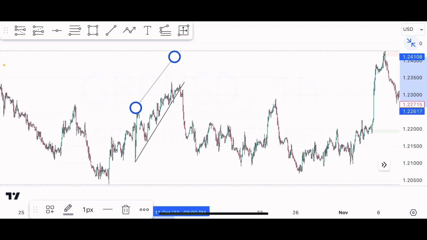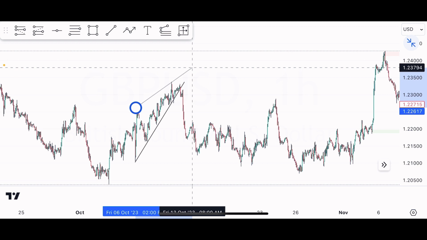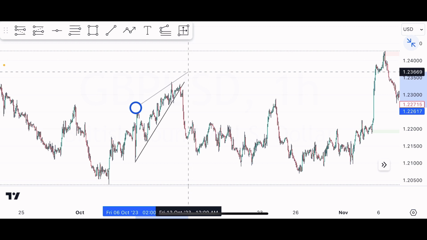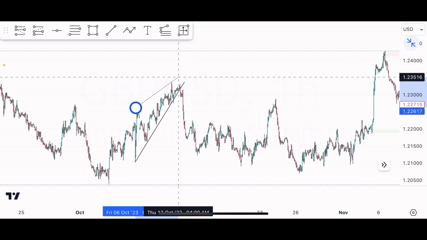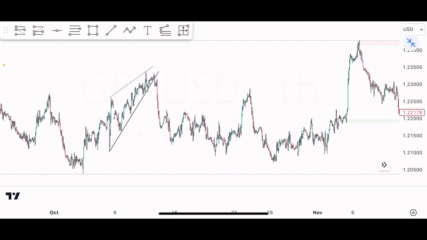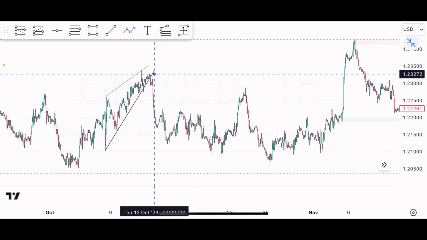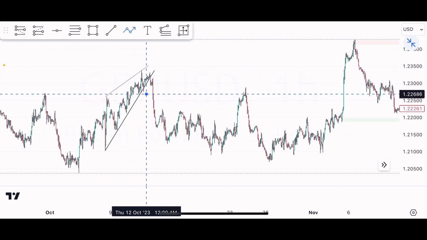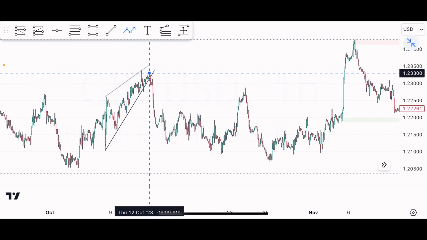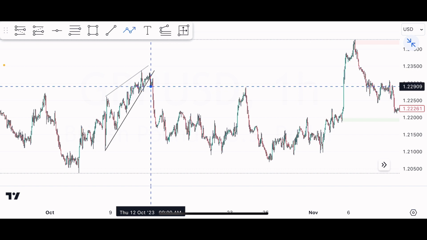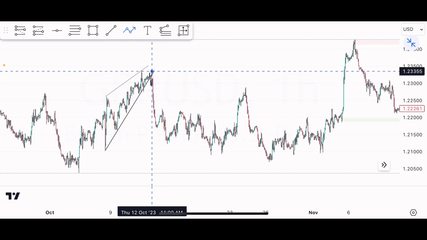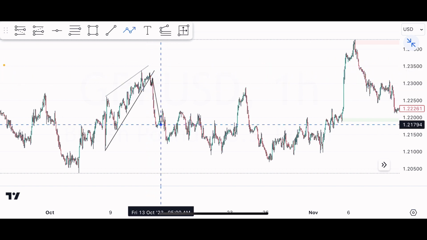But instead, you notice the price, instead of moving in an expansionary manner, it started to contract. And like I said in the slides before, after a contraction, there's usually a large impulse move, either to the upside or downside. In this scenario, the large impulse move was to the downside.